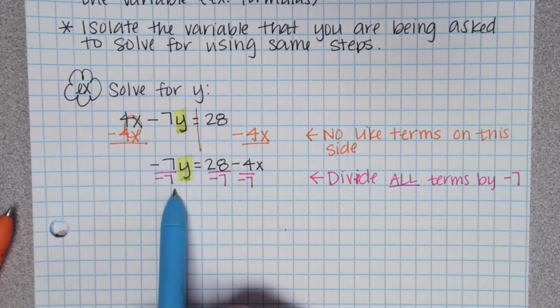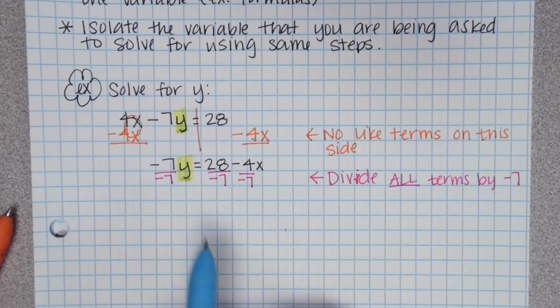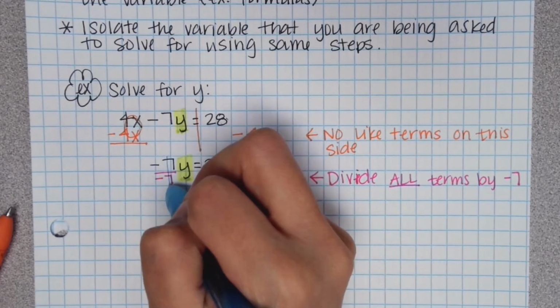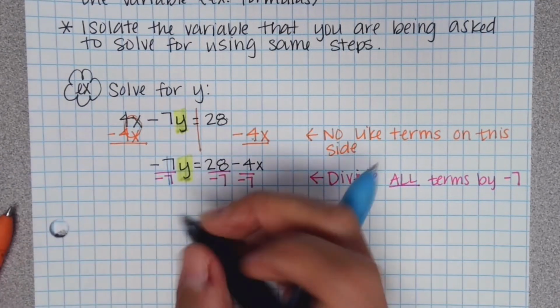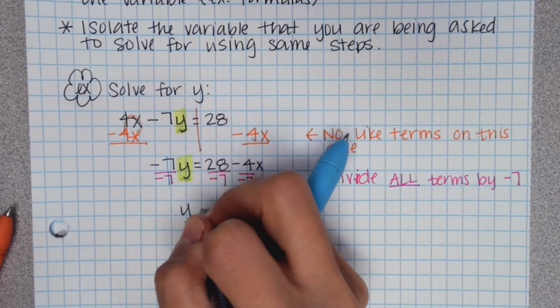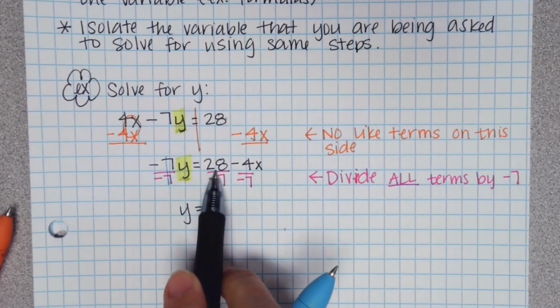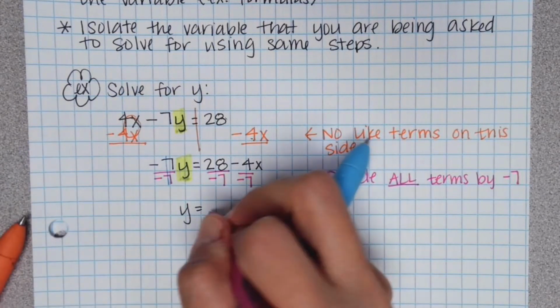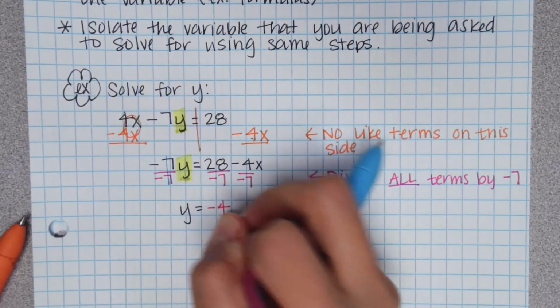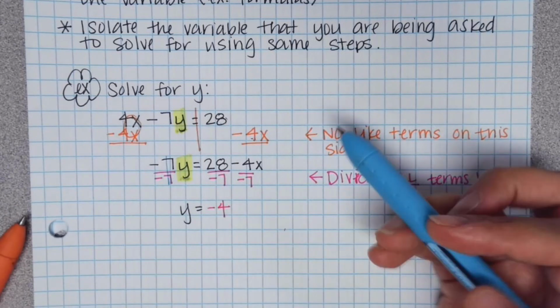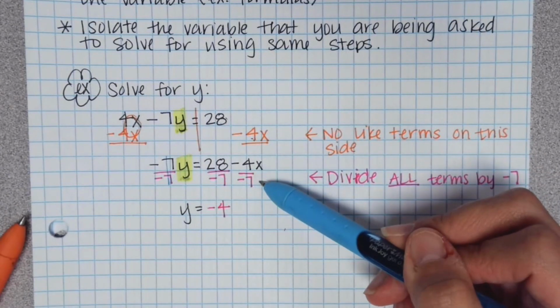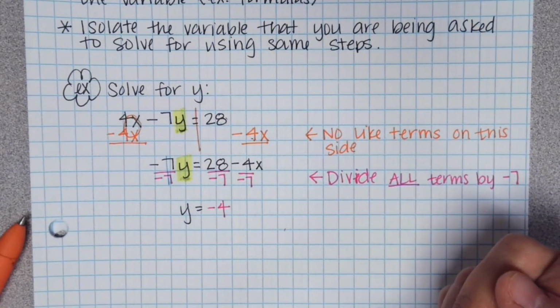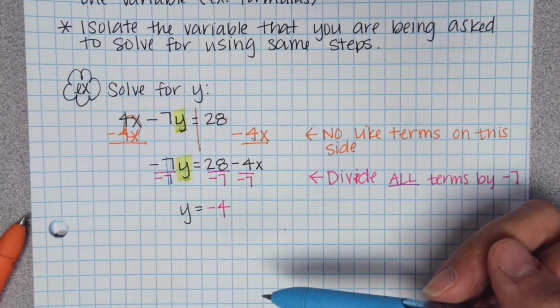Negative 7y divided by negative 7 is just y. Equals 28 divided by negative 7 is negative 4. Negative 4 divided by negative 7, you can just leave it as positive 4 over 7. Okay. So 2 questions.